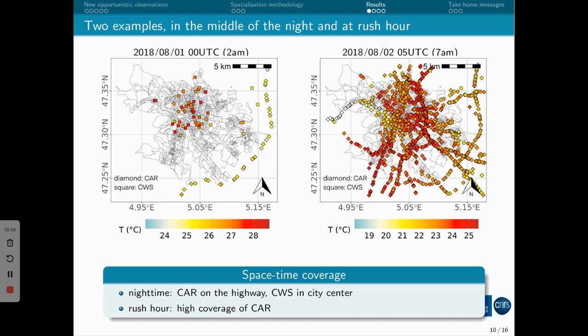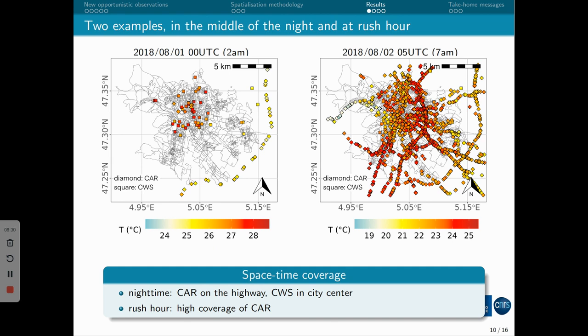value. So now we see what happens during the night when you have few cars, and during the day when you have a lot of cars. So at night, you have all the Netatmo stations in the city center, and only a few cars, typically on the highway on the east.